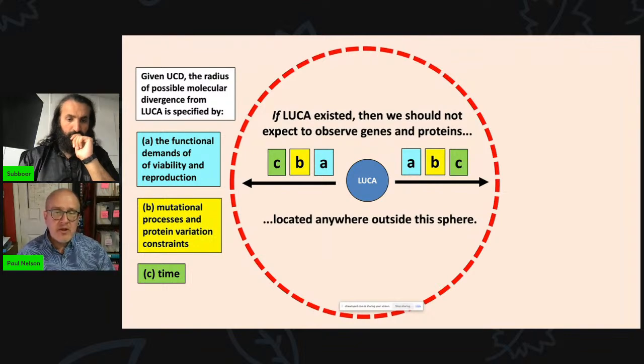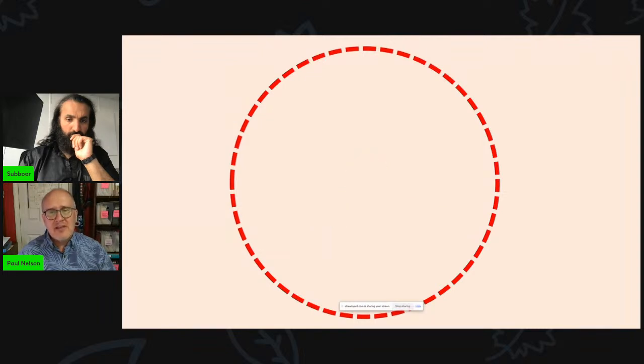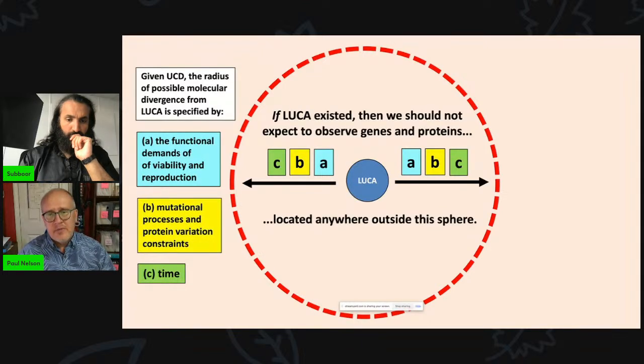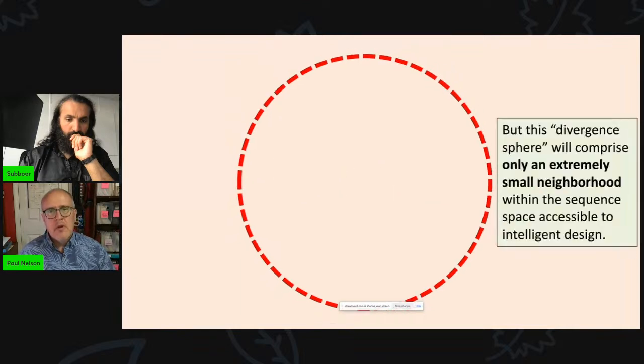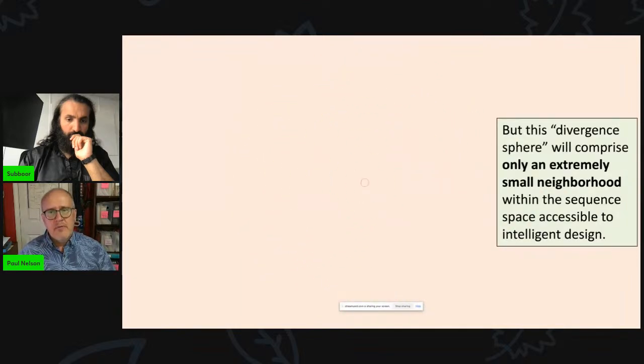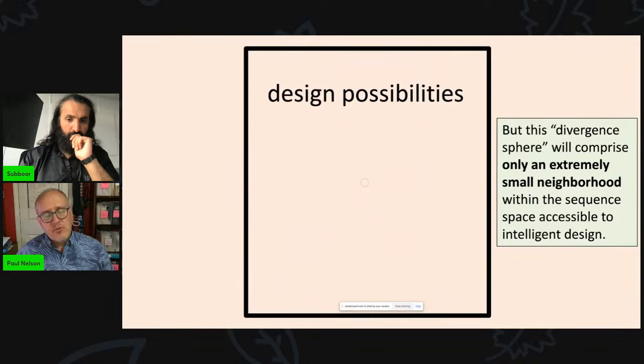Now, how do you answer that question? You just sequence DNA, and you ask, where is it landing? Is it in here, in this sphere, or outside? And here again is where we pass from naturalistic evolutionary theory into the possibility of design. Because you let the organisms tell you where their genes and proteins are landing.